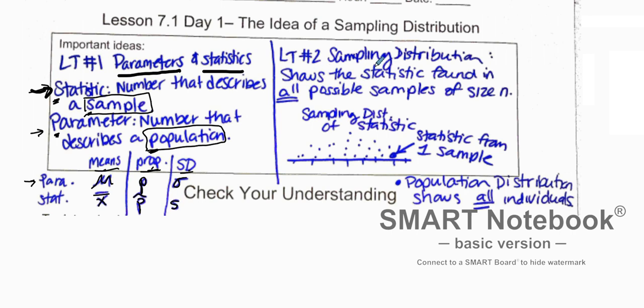Now, a sampling distribution shows all the statistics found in all possible samples of size n. So essentially, it's like this binomial distribution. You're taking samples of a population and figuring out all the different combinations that could happen.